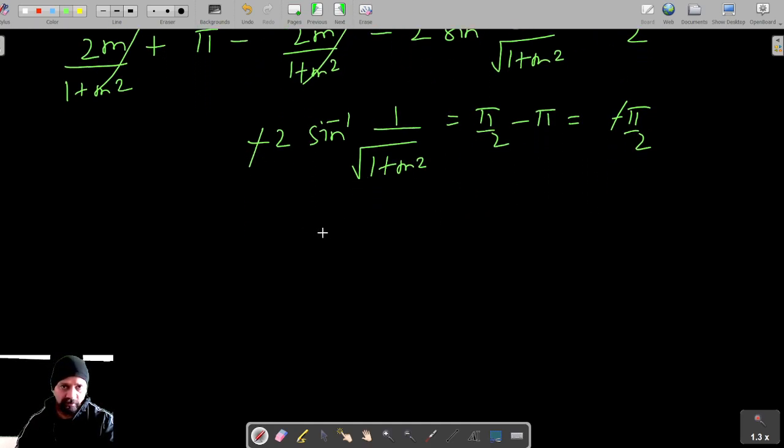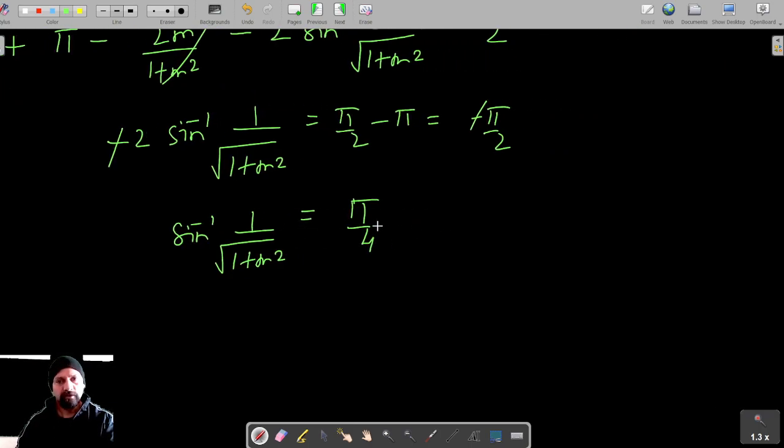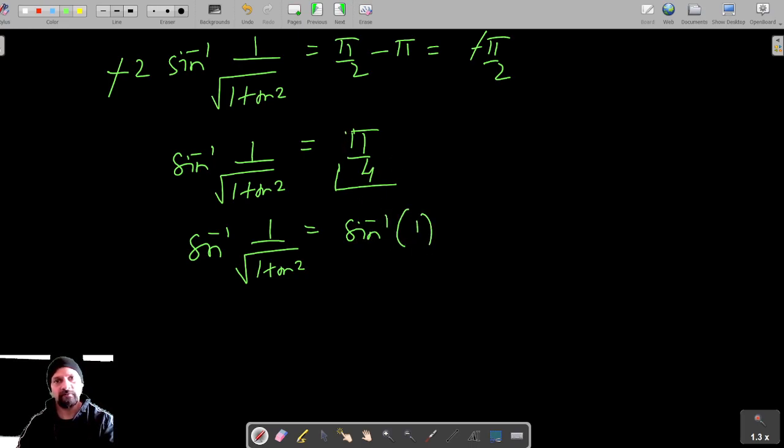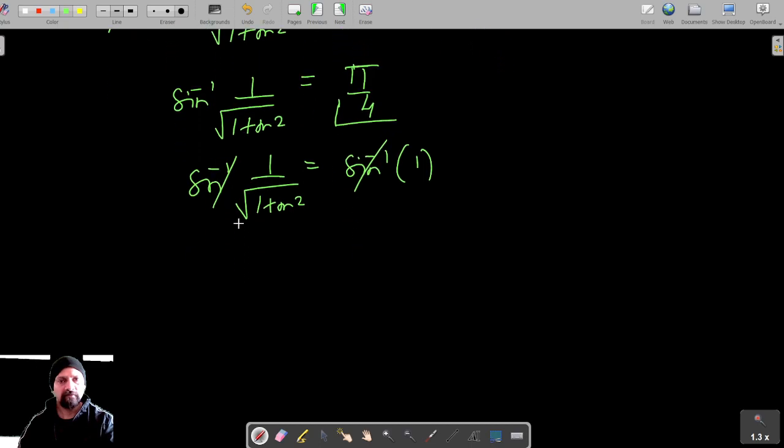So this is now sine inverse 1 upon root of 1 plus m square equal to pi by 4. Now we know that sine inverse 1 is pi by 4, so instead of this pi by 4, I can write sine inverse 1, and now sine inverse gets cancelled.